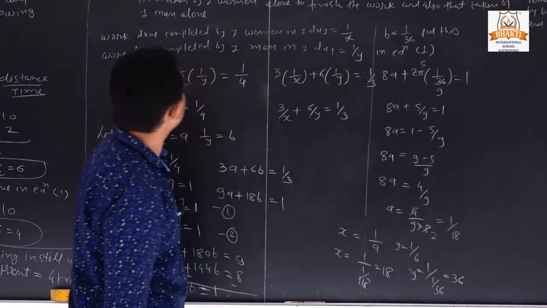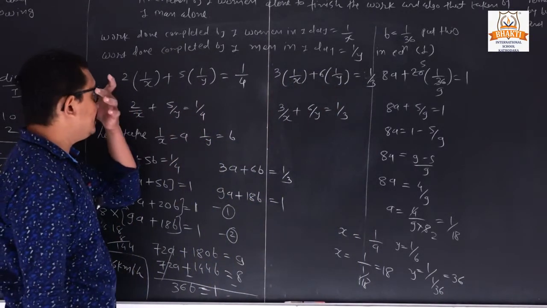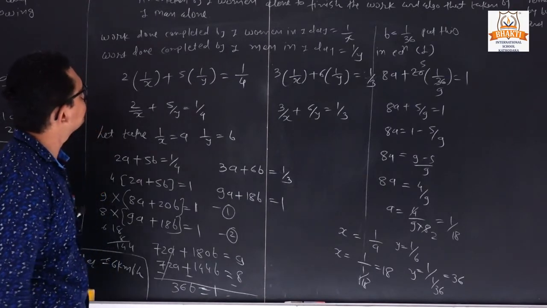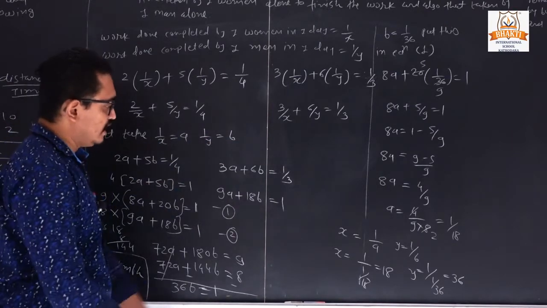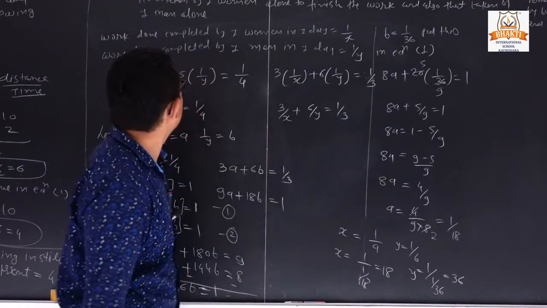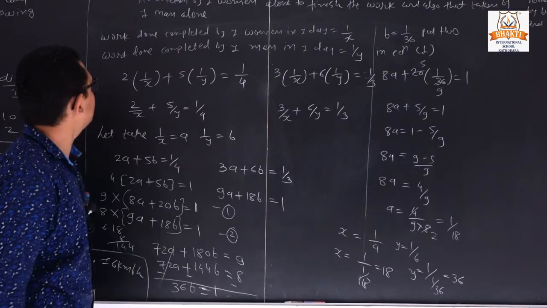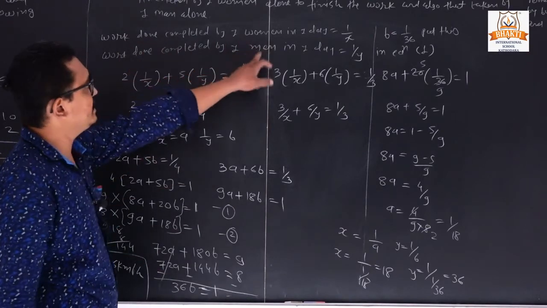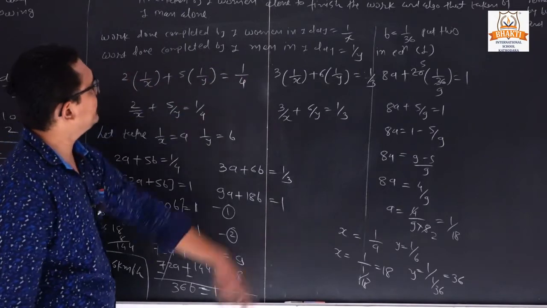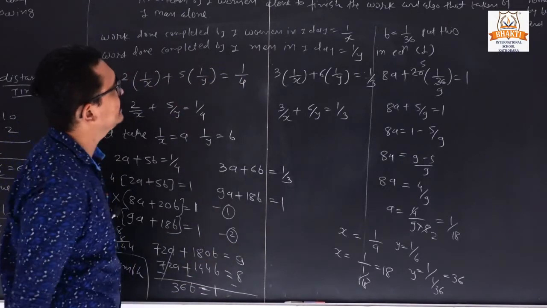So it means work done completed by one woman in one day. Clear? How many days are they taking? 18 days. And work completed by one man in one day, it is 36.